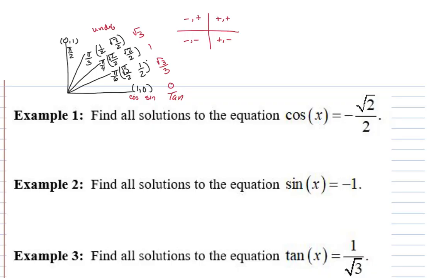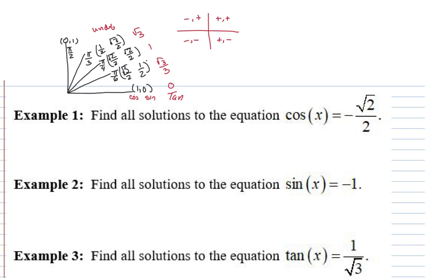So let's try to find these solutions. Like I said, I always start by writing this information down because I'm going to need it, and if I need to figure out where cosine of this is in the unit circle, that's perfectly fine. Okay, so again, we're dealing with cosine, and it's a negative cosine.